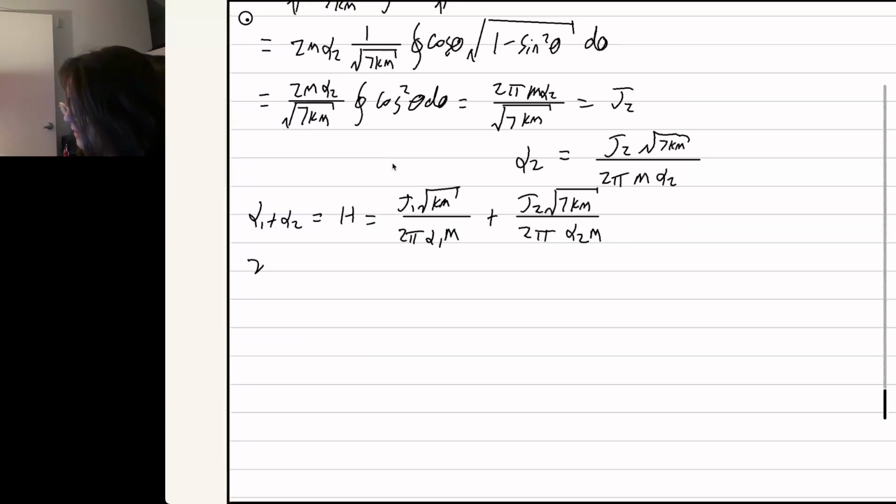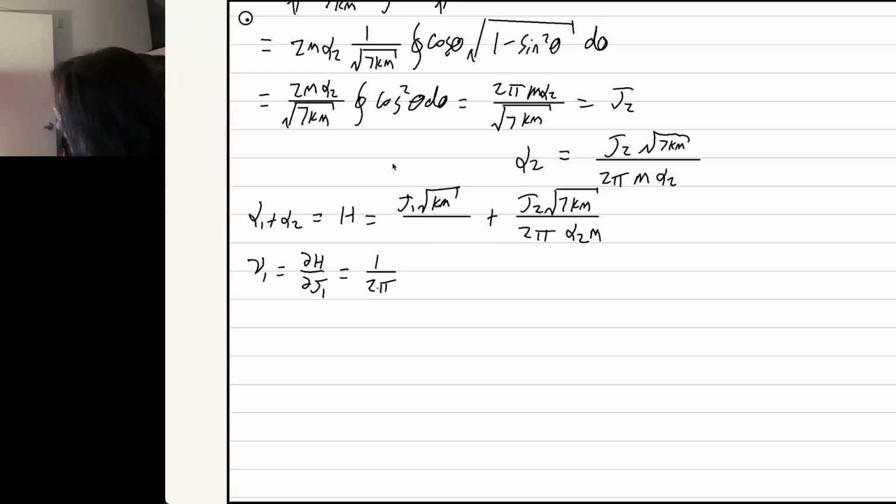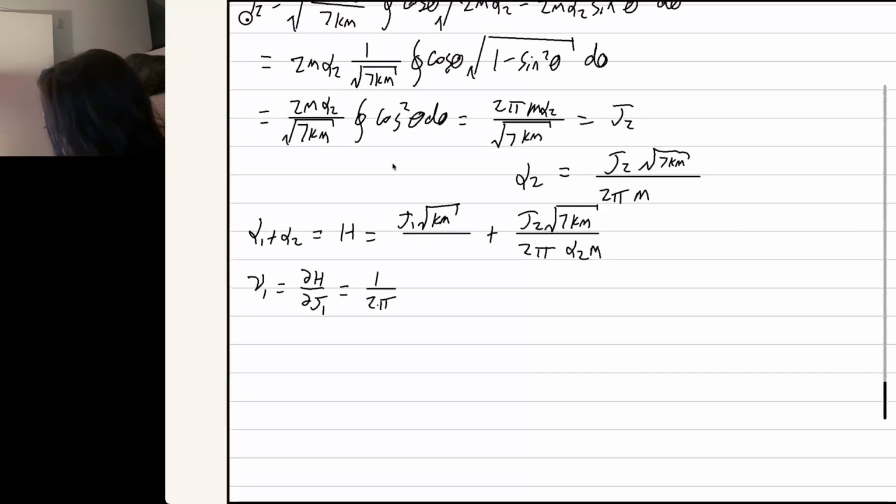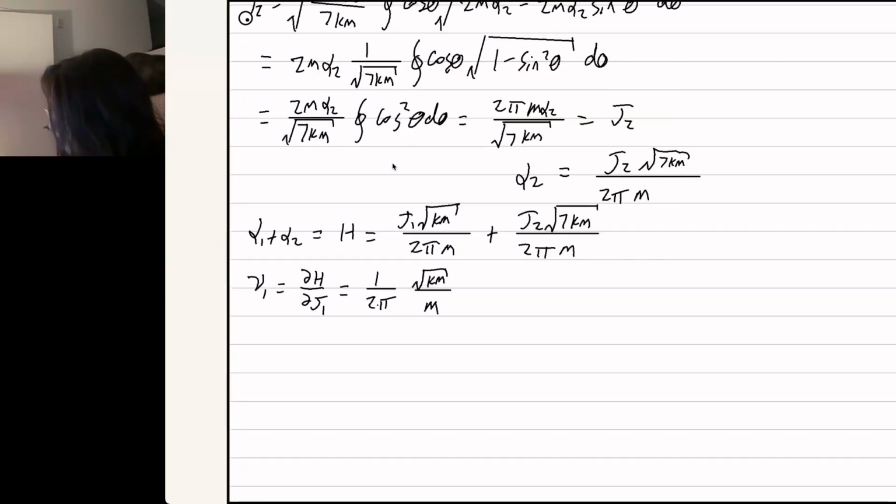So again, to calculate the eigenfrequencies, it's going to be del H, del J1. We shouldn't put alphas in here. Yeah, no alphas there, just 2 pi m. So then that's going to be root km over m over 2 pi.